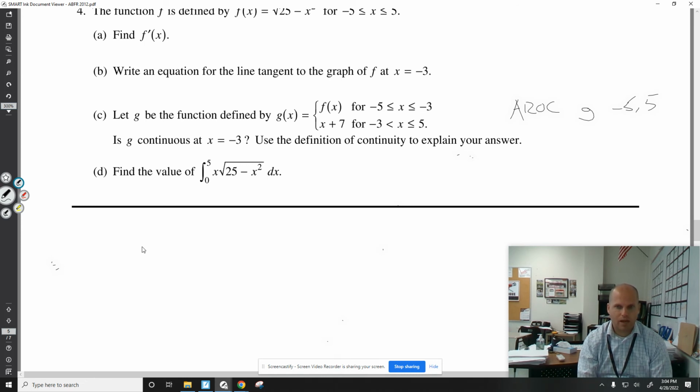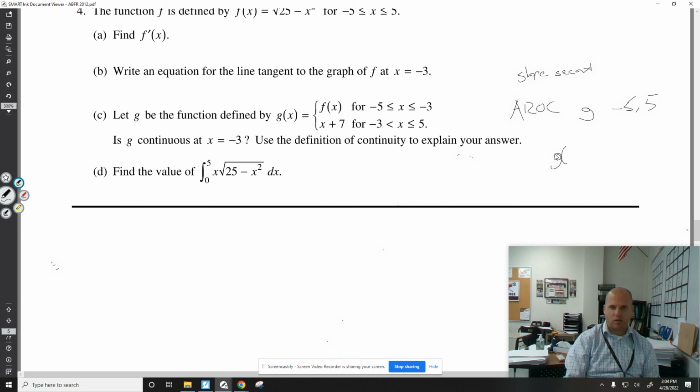Well, remember, you can either look at the average G prime if you want to, and do 1 over b minus a times the integral from a to b. But it's actually a lot easier to think of the average rate of change as the slope of a secant. They are equal. Average G prime is the same as the average rate of change of G. They're the same.